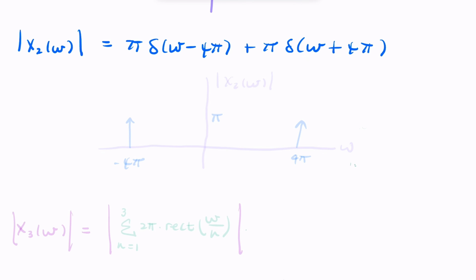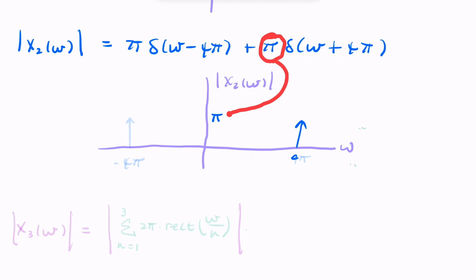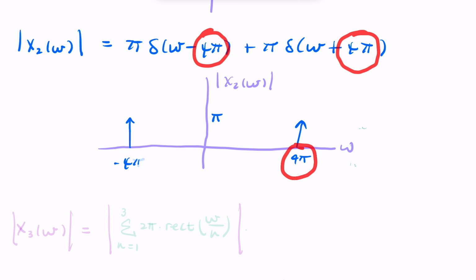And if we want to sketch that, it will look something like this, x2 of omega. It will be simply an impulse with a height of pi, or an area of pi, at 4 pi, and then the same at negative 4 pi.